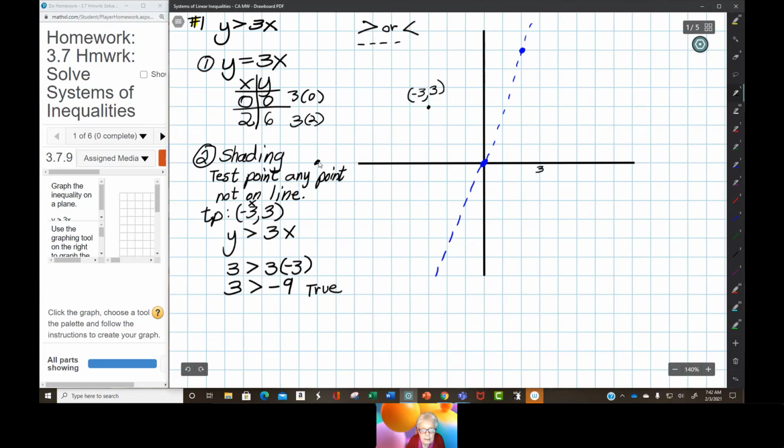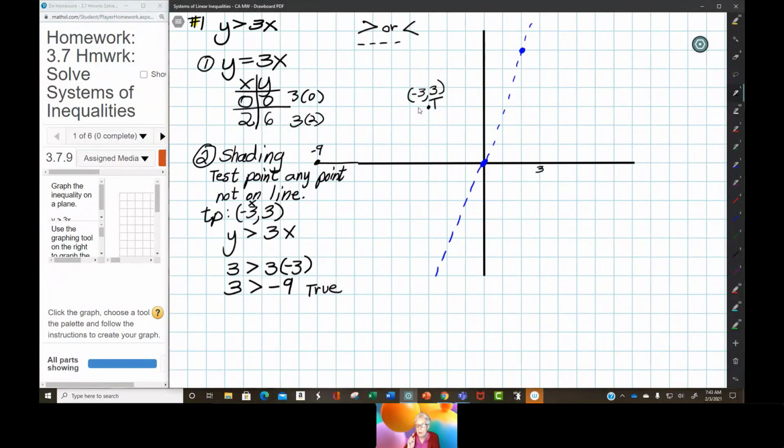Here's -9 over here. Notice that greater than also says to the right of. Is it true that 3 is to the right of -9? You bet it is. So this is true. We get a true from our test point.